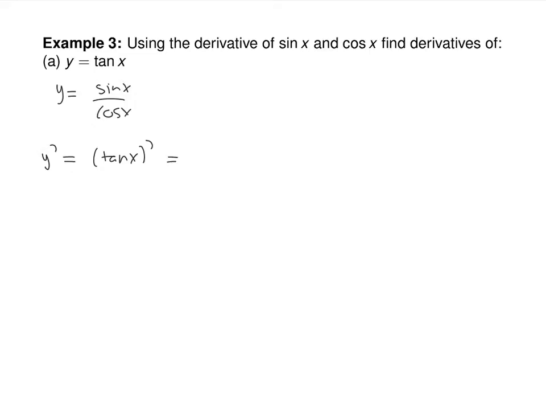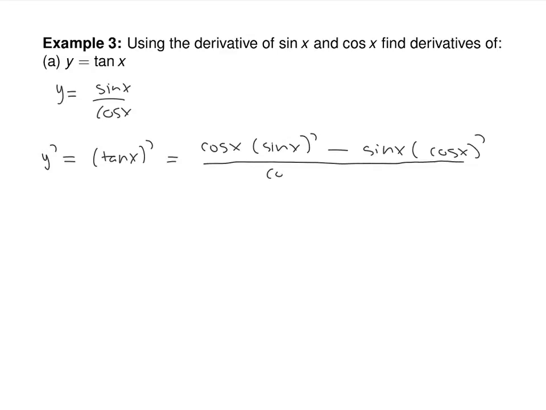Okay? So the quotient rule: low d high minus high d low, all over low squared.